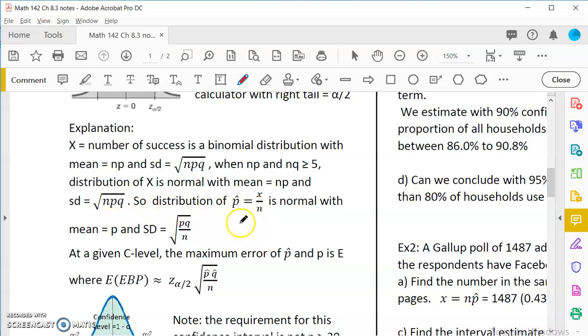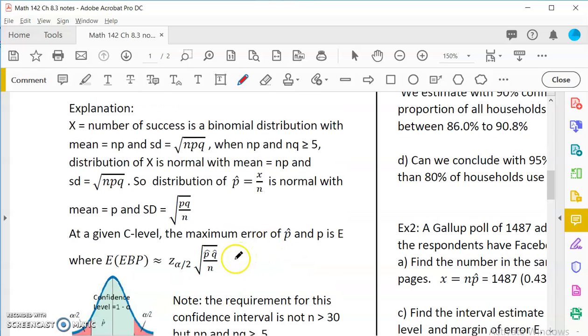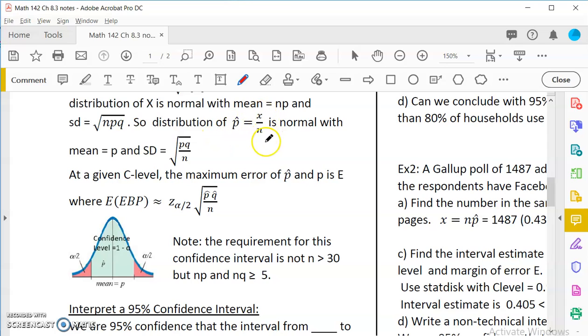Because of that, if I want the distribution of P hat, while this is the distribution of X, the distribution of P hat is obtained by dividing everything by a fixed number N. Then the mean is P, and the standard deviation is the square root of PQ over N. It is as if we are doing X bar, except now we are doing the distribution of P hat, where P hat is X over N, the number of successes over the sample size, and it is normally distributed with a standard deviation of the square root of PQ over N. Because P and Q are both unknown, we approximate it by P hat Q hat over N. What is P hat Q hat?